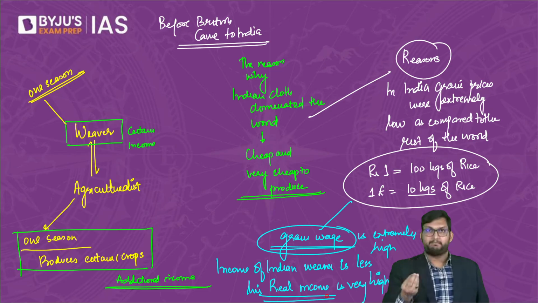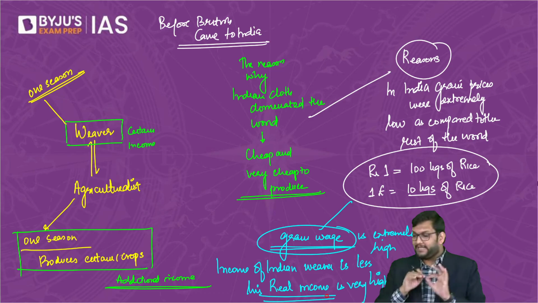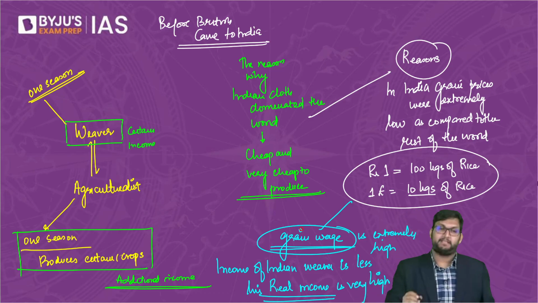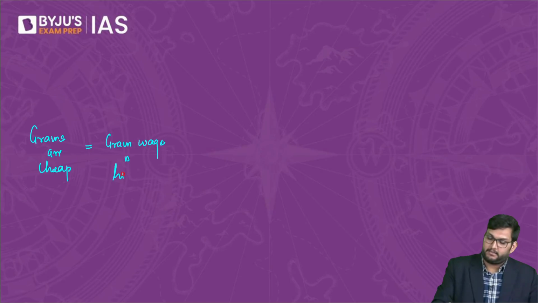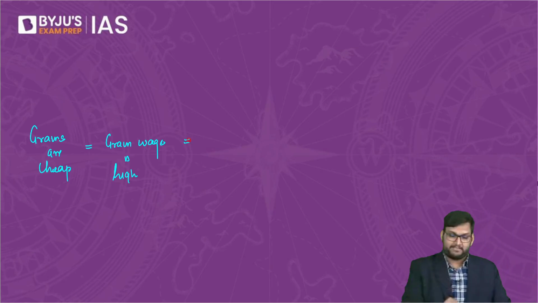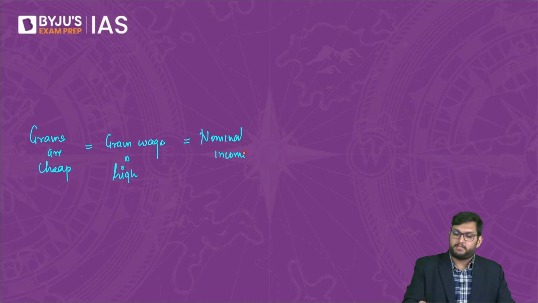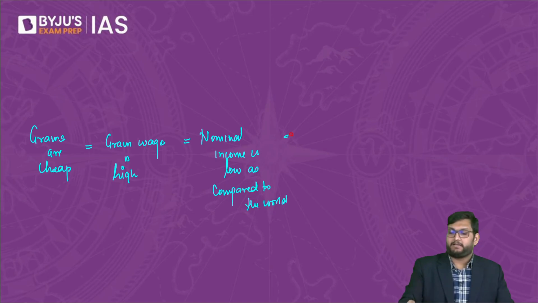So very simply, grain wage, I'll again repeat to you: because grains are cheap, grain wage is high, and because grain wage is high, nominal income is low as compared to the world, but real income is really high.